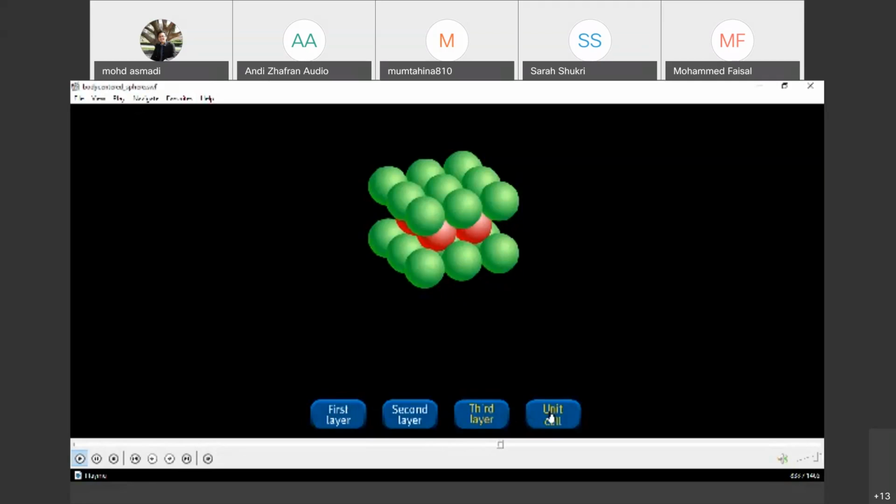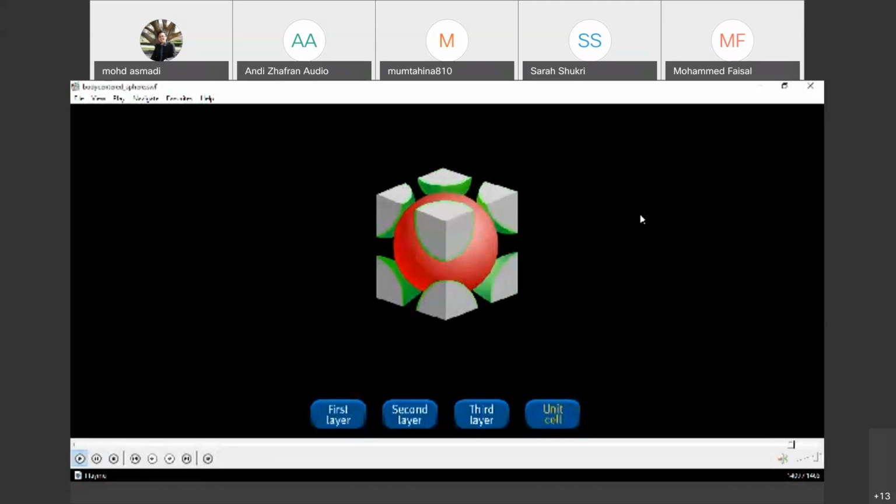Unit cell. Unit of a crystal layer. For the corner atoms.